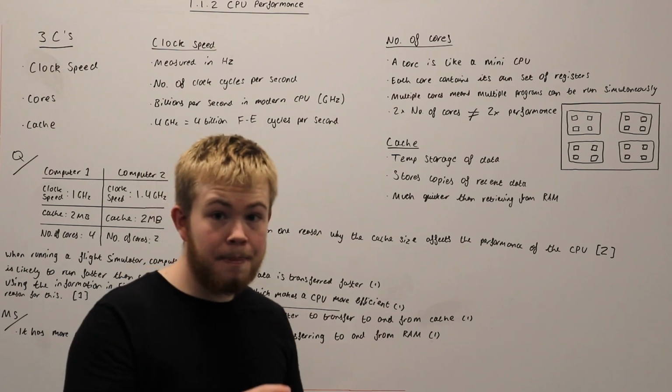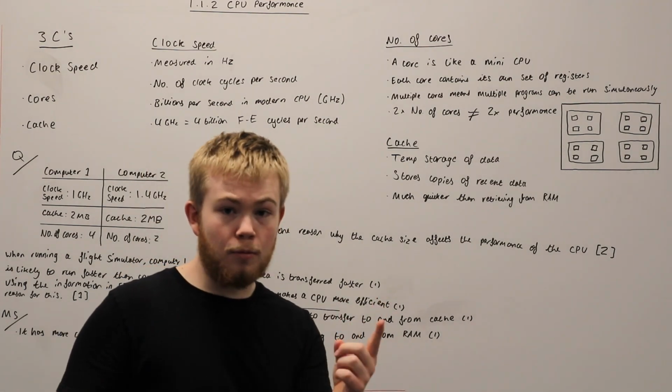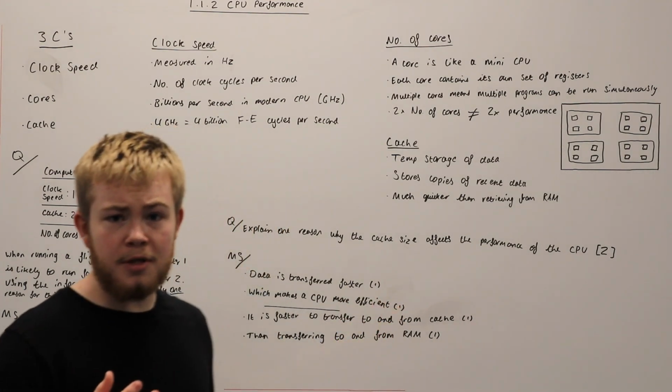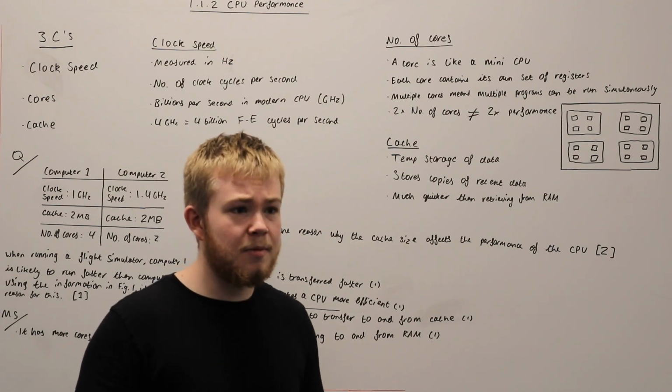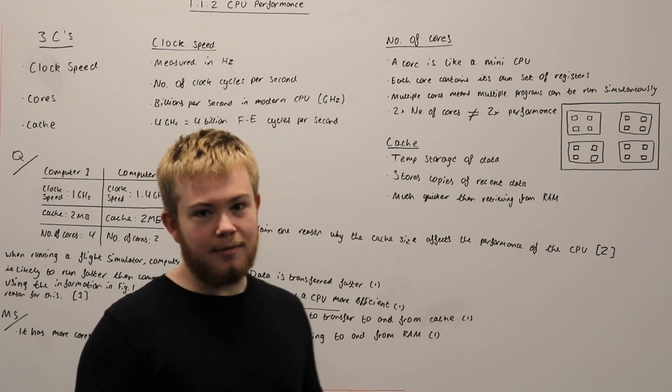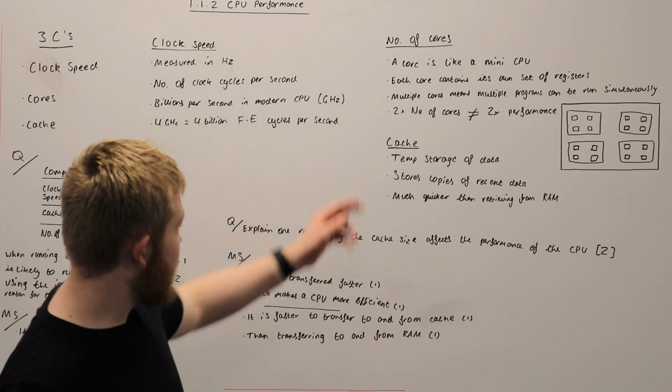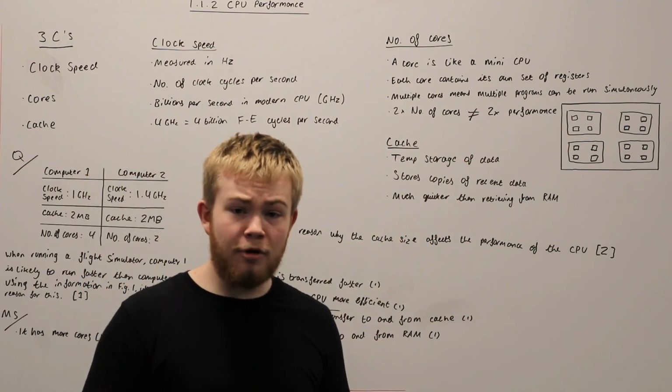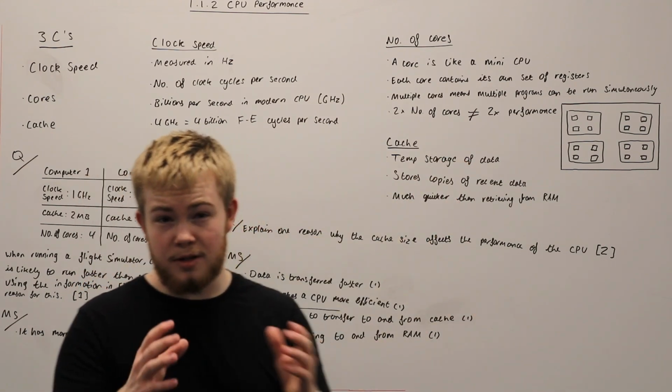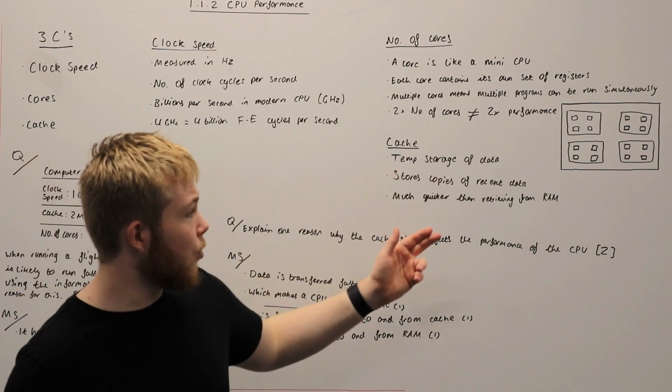But you would think that if you have a four-core processor compared to a one-core or a two-core processor, it would run at 2x the speed. No, unfortunately, because a lot of programs aren't designed to utilize all four cores.